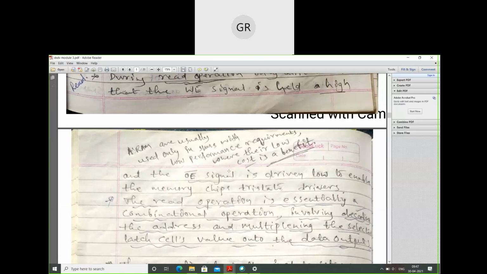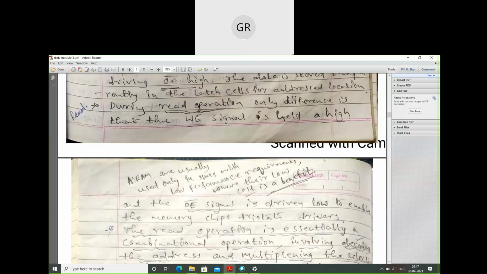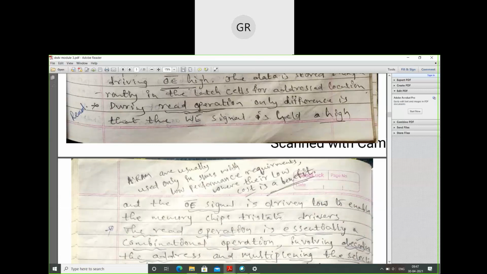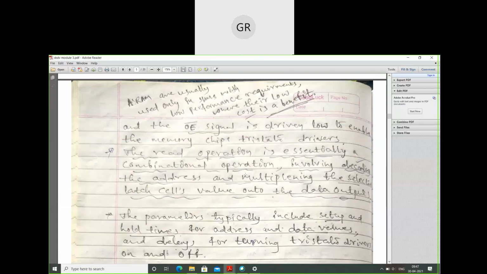That means OE bar is low and WE bar is high to enable the memory chip's tri-state drivers. The read operation is essentially a combinational operation involving decoding the address and multiplexing the selected latch cell values onto the data outputs. This is about the read operation.